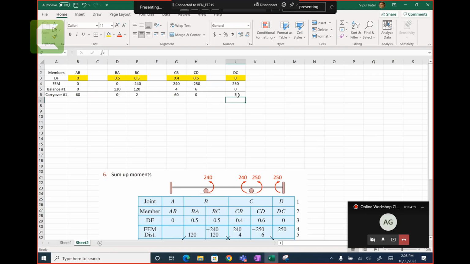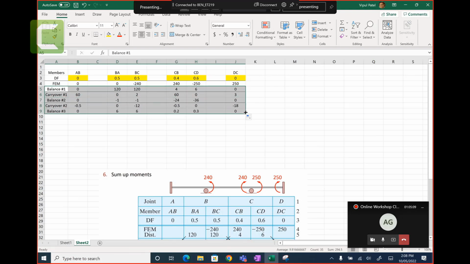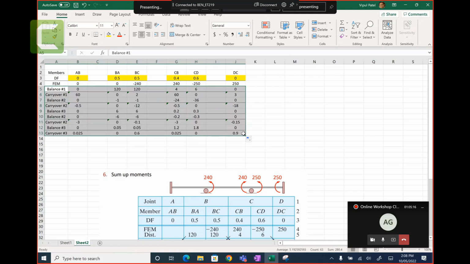And you do once. You do once, meaning once you've done this one, you just drag it until you get smaller numbers. How much smaller are you going to get?